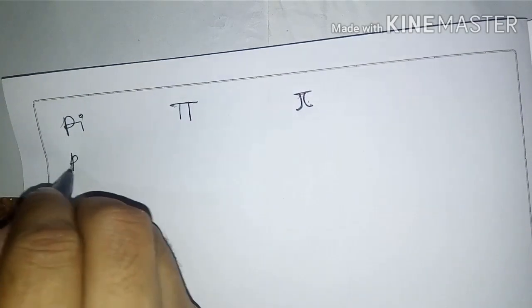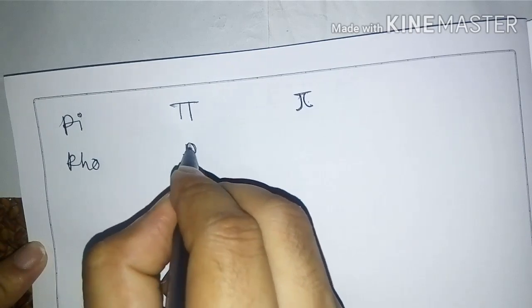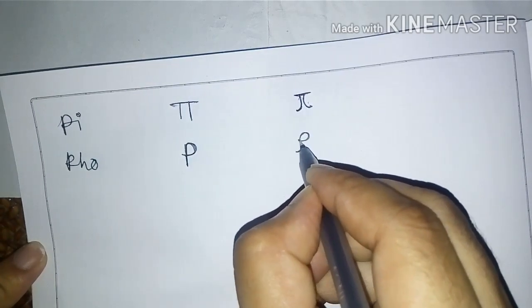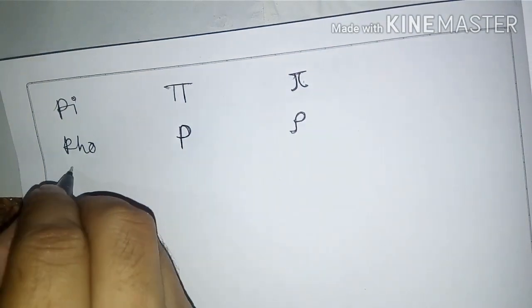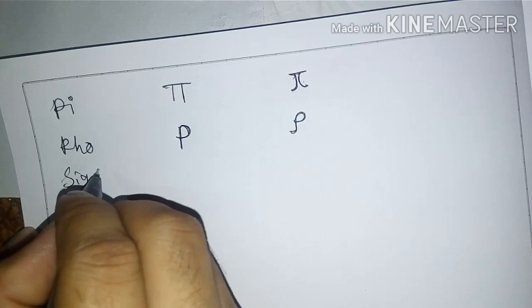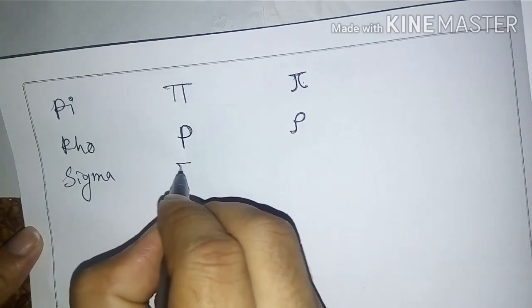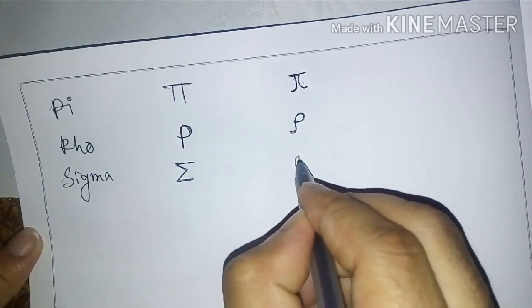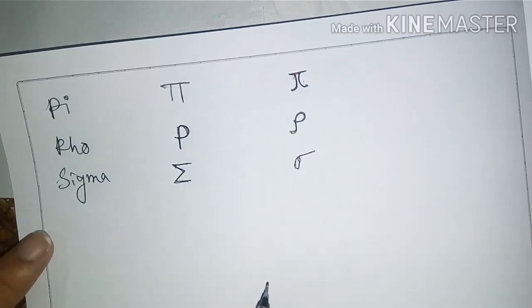Next, rho, capital P, and this one is small like this. This one is rho. Next, sigma. How to write it? Like this. This is sigma, and this small letter is like this. This one is sigma.